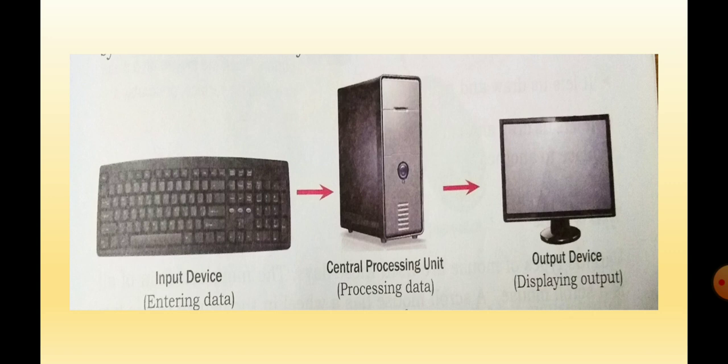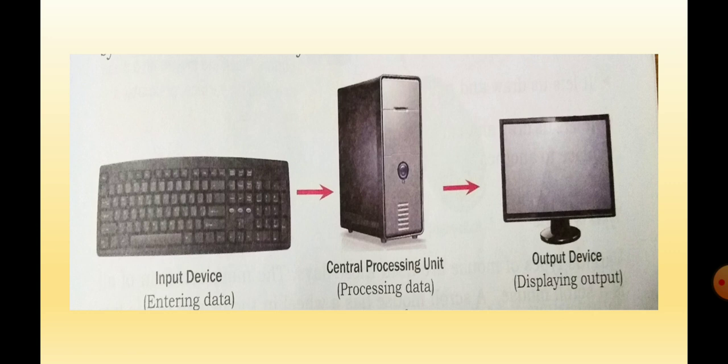This is how the computer works, and you can very well understand how quick a computer is. As soon as you type something it gets processed so quickly that the next second you can see it on the monitor screen, isn't it? So this is how fast a computer processes and gives us the result.